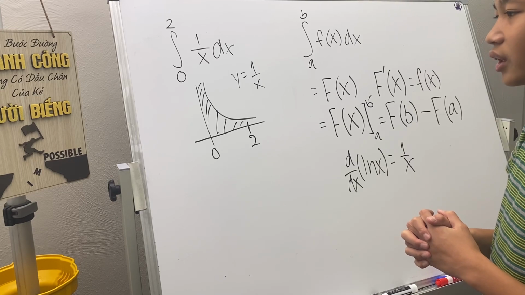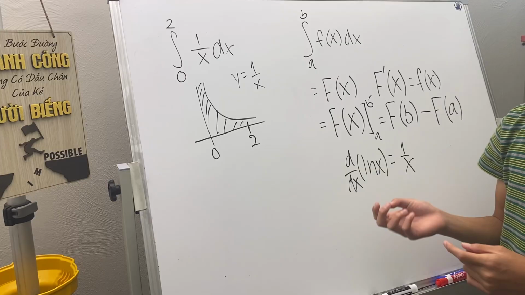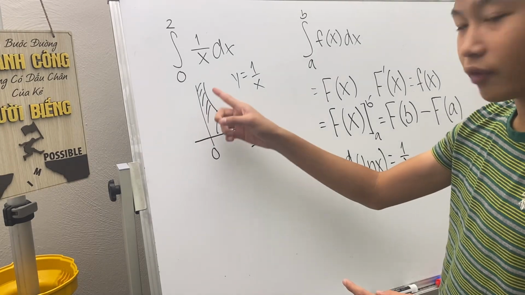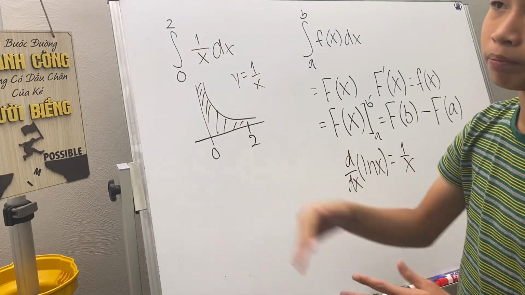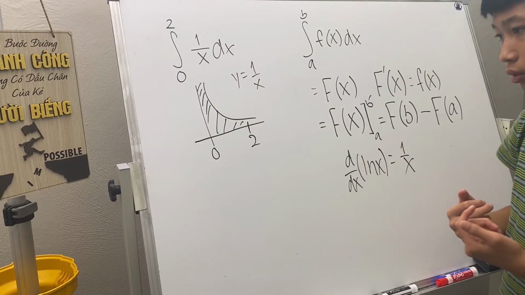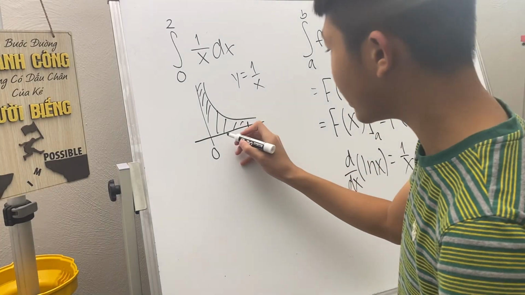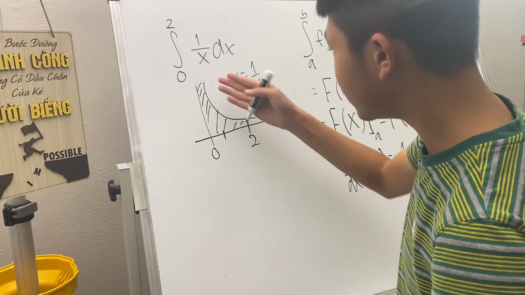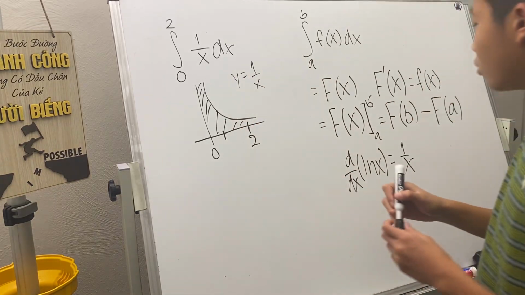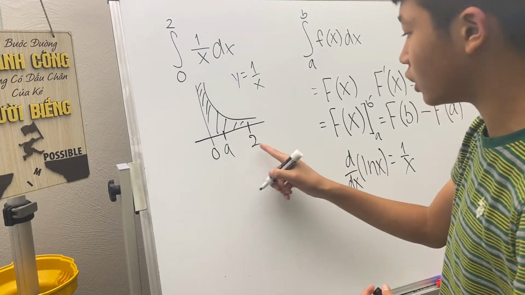And you see right here, if you plug in 0, it's undefined, because as you can see, the graph never touches 0. This is a vertical asymptote. So technically, let's pick a number right here. Let's call it a, the lower limit, and this is the upper limit.